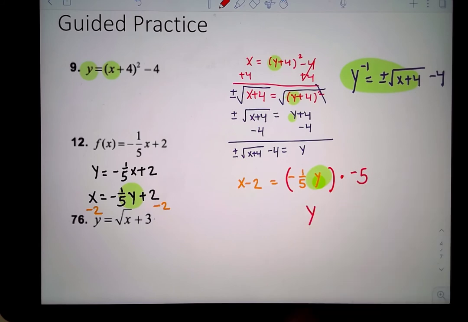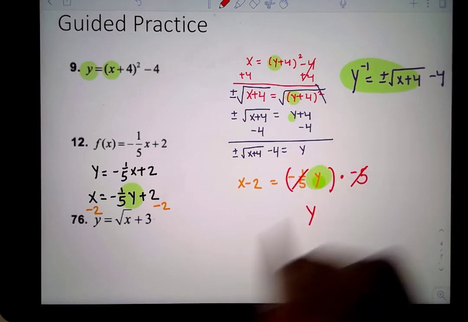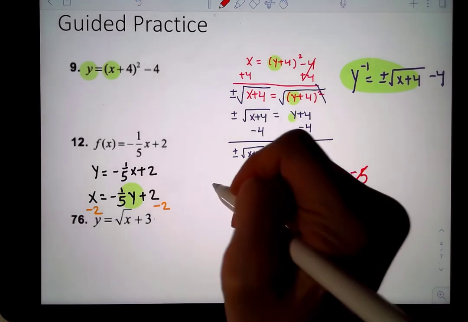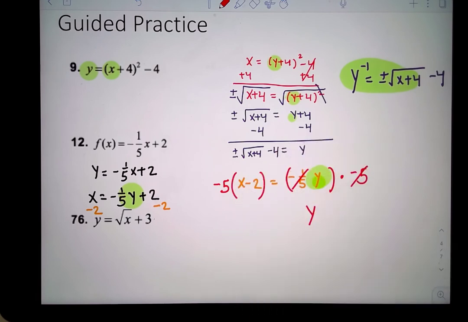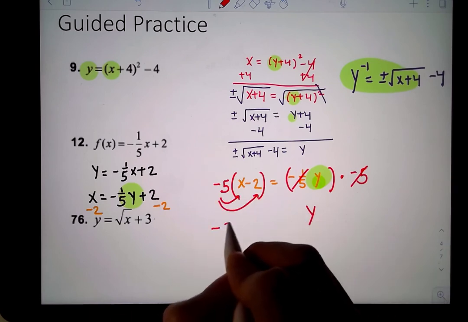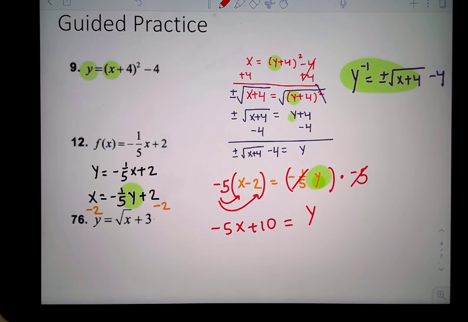So you will get only y here. You need to do the same thing, but make sure you multiply negative 5 to all of these. You need to distribute the negative 5, okay? Like that. So you get negative 5x plus 10 equals y.